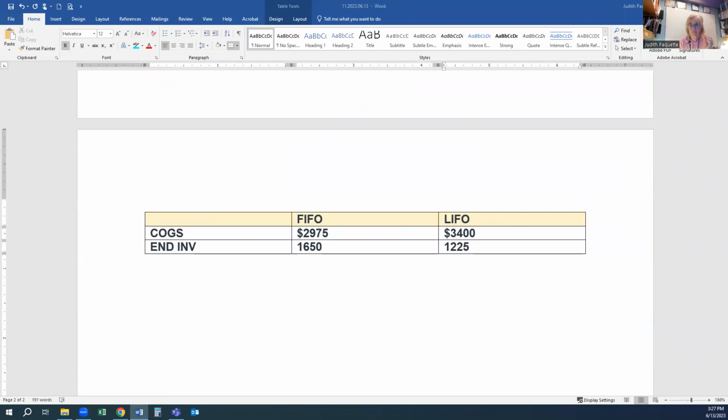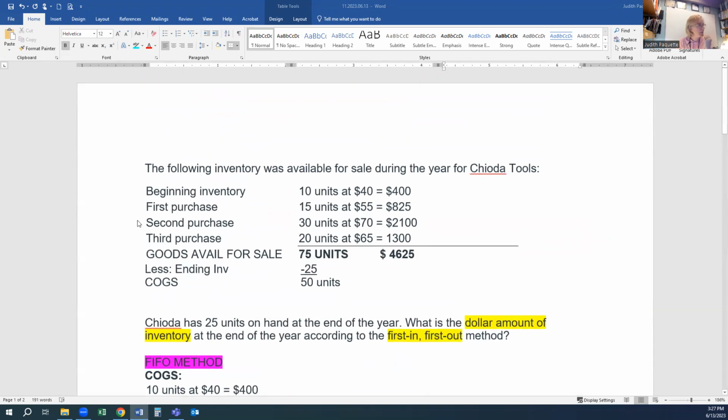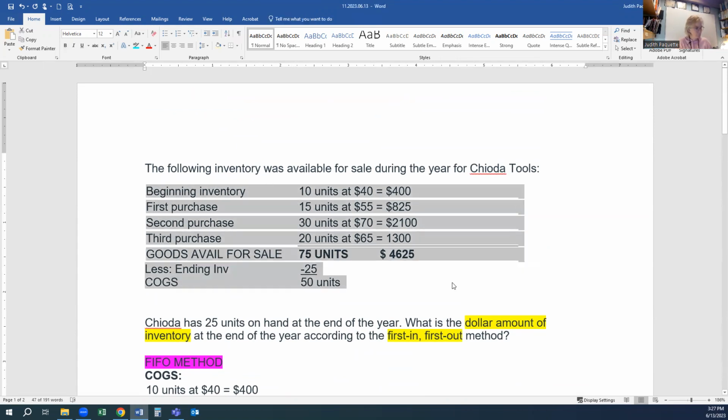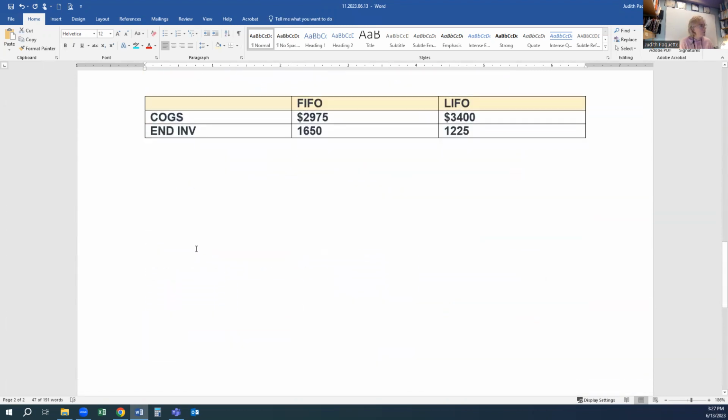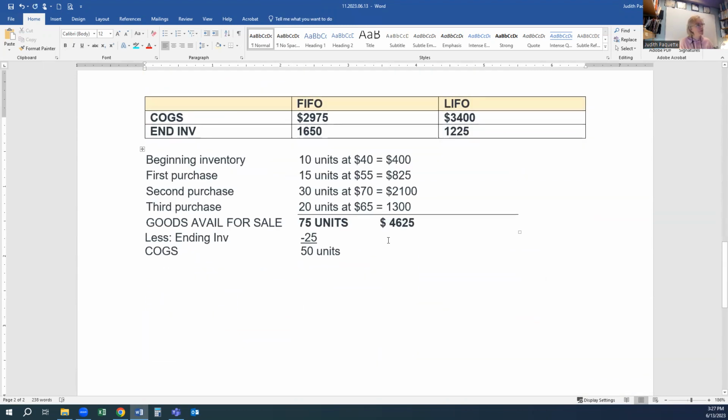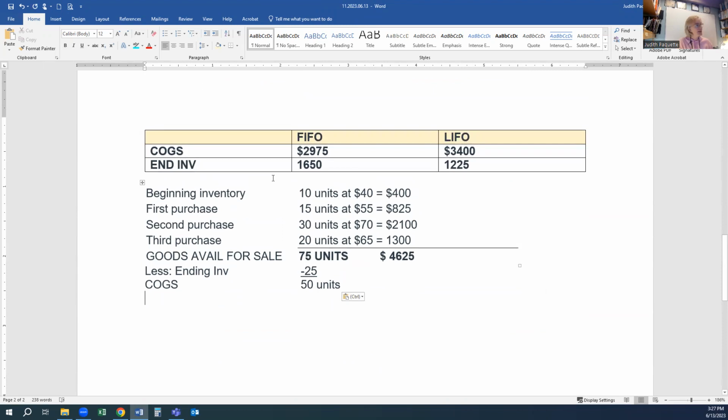With this set of information, which is right up here, we calculated cost of goods sold using FIFO of 2,975, but LIFO is 3,400.